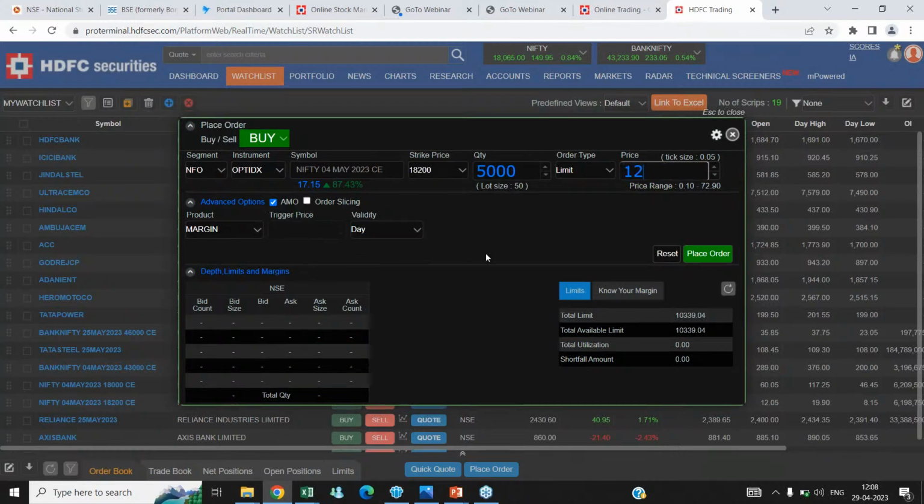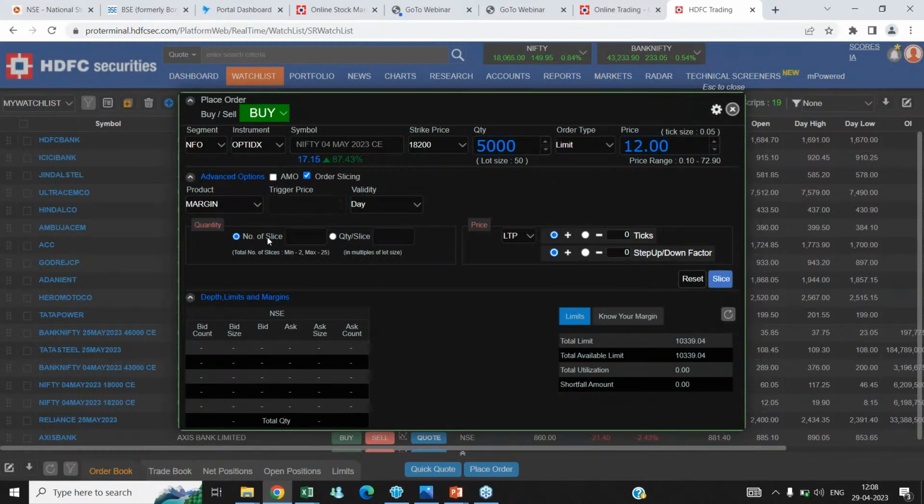Here you have to click on order slicing. Once you click on order slicing, you will be asked whether you want to divide this 5,000 quantity as per quantity or as per number of orders. Suppose you want to divide it as per quantity, and you select 500 shares. Since you want to buy it at 12 rupees and the current market price is 17 rupees, here you need to select limit and click on slice.